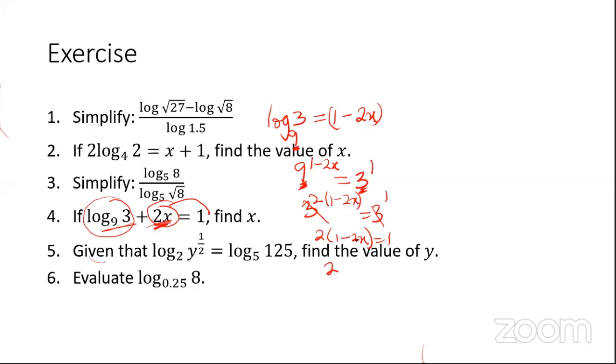Then 2 multiplied by this gives us minus 4x, which equals 1. From here, you take 2 to the other side: minus 4x equals 1 minus 2, so we have minus 4x equals minus 1. Then you divide both sides by minus 4. So x equals minus 1 over minus 4, which is the same thing as 1 over 4. So that is the answer to that particular one.